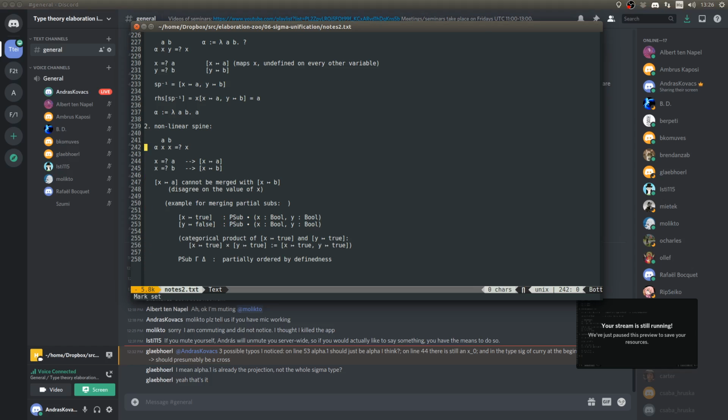So this is an example of a nonlinear spine, and the reason it does not work in the algorithm is that there is no categorical product of these two partial substitutions. If we want to prove correctness, we have to use the property of the categorical product of substitutions, otherwise we do not get a unique solution anymore. It's a more abstract explanation for the problem that this can be solved in two different ways.